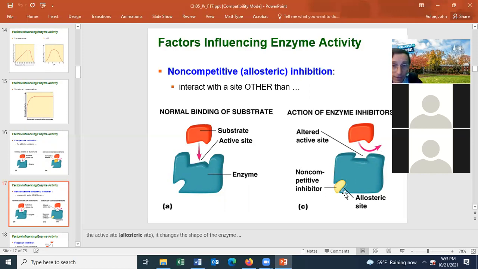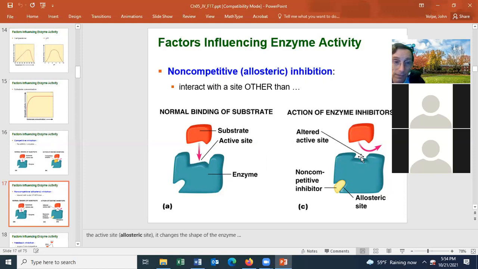And when it binds to the enzyme, it changes the shape of the enzyme, changes the folding pattern of the enzyme. And that changes the shape of the active site. And now the active site can no longer bind to the substrate, and that will shut down the enzyme. So this is allosteric inhibition, meaning the inhibitor bound at an allosteric site. And it's also called non-competitive inhibition.